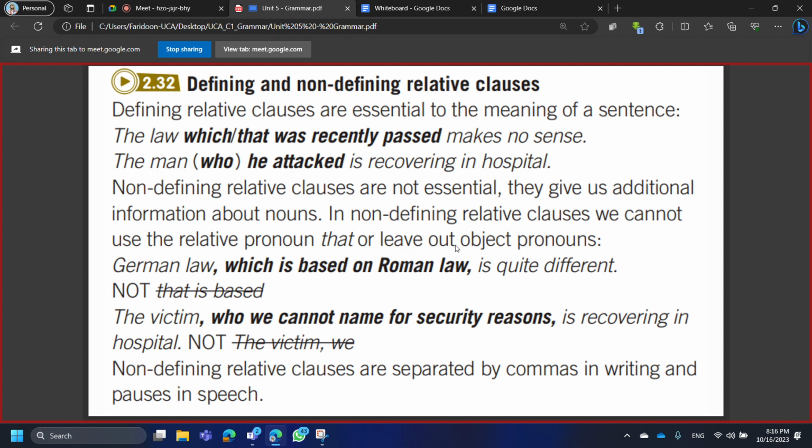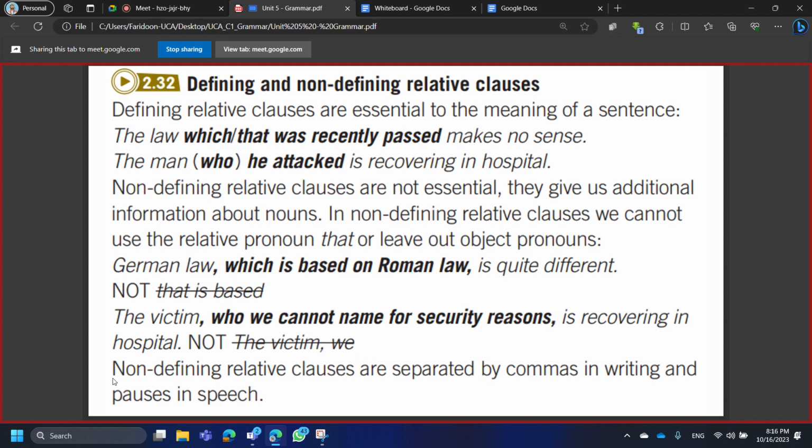And condition two that we had in here said that we cannot leave out object pronouns, even though who in this case is acting like an object pronoun because we have a subject by itself, we. It's said that we cannot remove that. So we cannot say the victim, we cannot name for security reasons, is recovering in hospital. That just doesn't work. Just be careful of that.